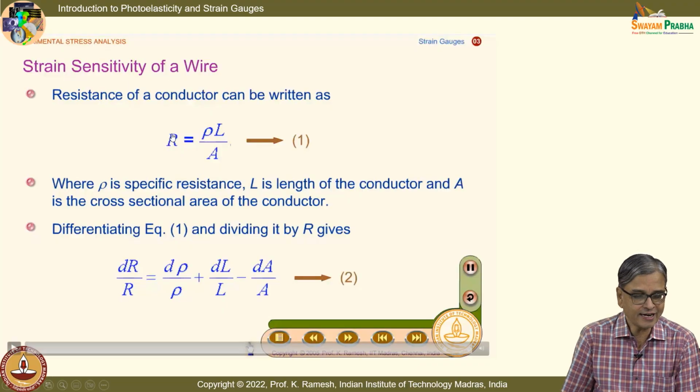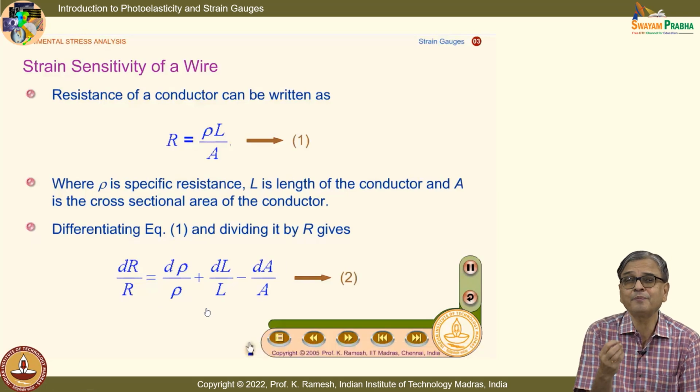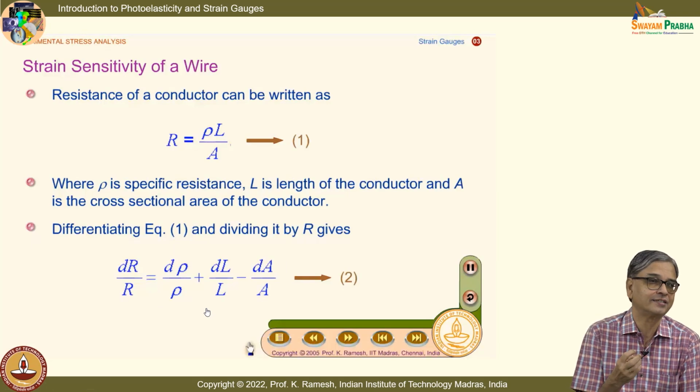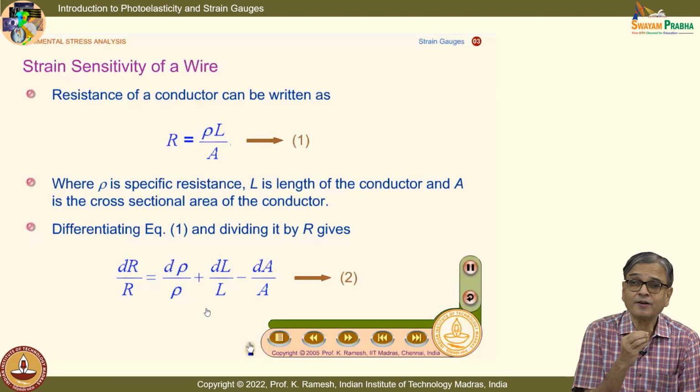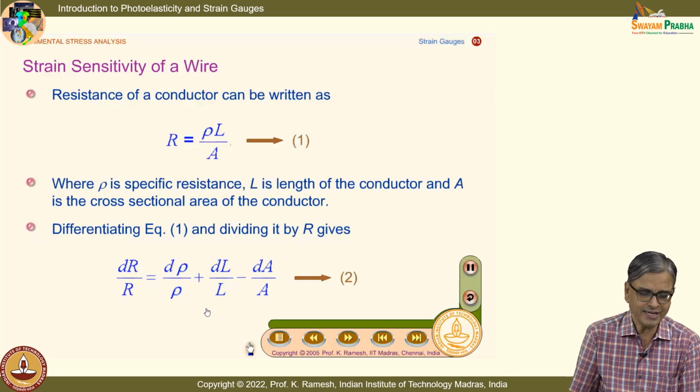So, when I take a conductor and look at it as a function of the specific resistance and the geometry, I get knowledge of what my calibration constant should be, and how I should tweak it so that I don't have difficulty moving from elastic to plastic strain. Fine.